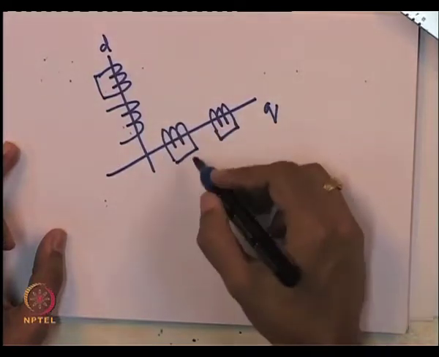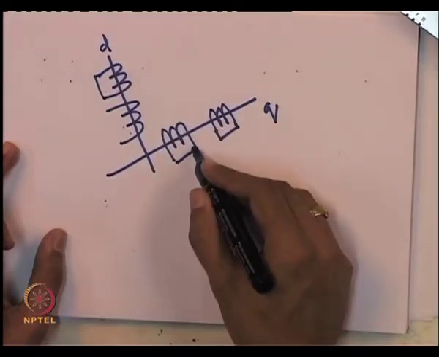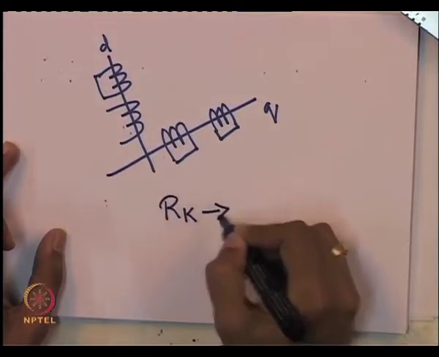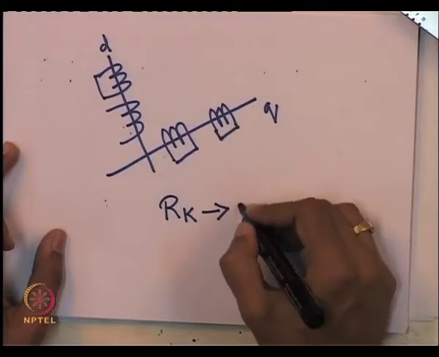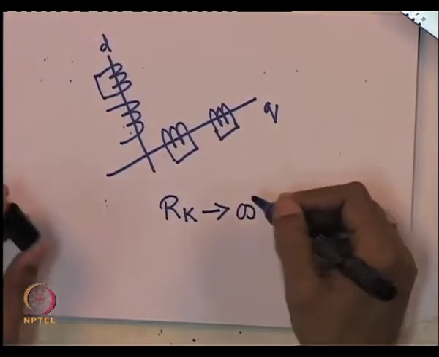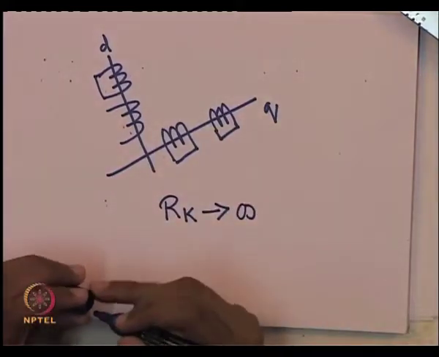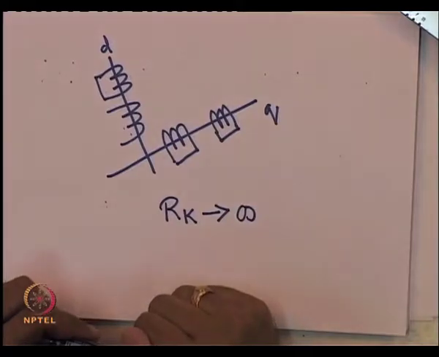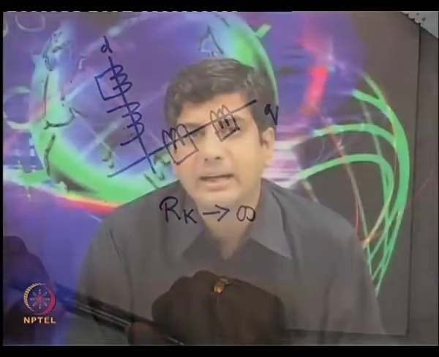So, what you can do is set the resistance of this winding, R k, to a very large value. In that case, it is as good as opening the damper winding, in which case no current will flow in that damper winding, and its effect would get nullified.